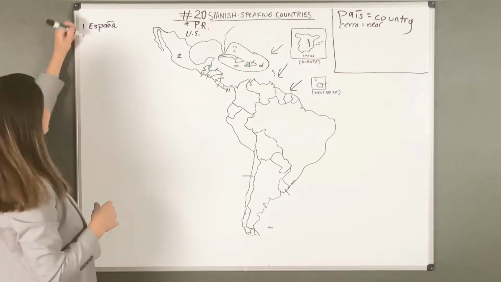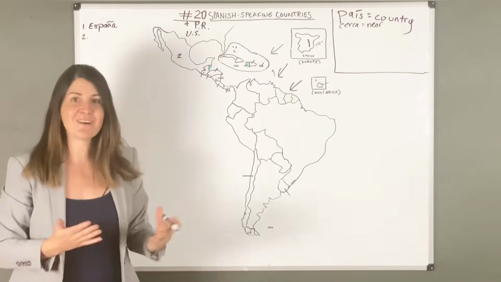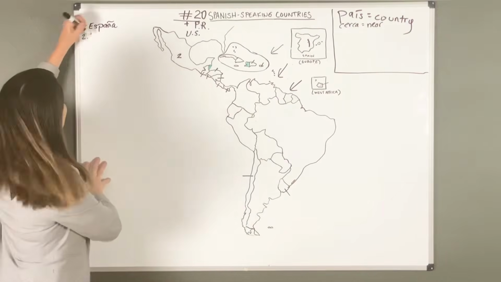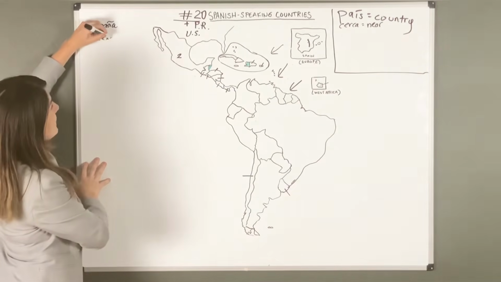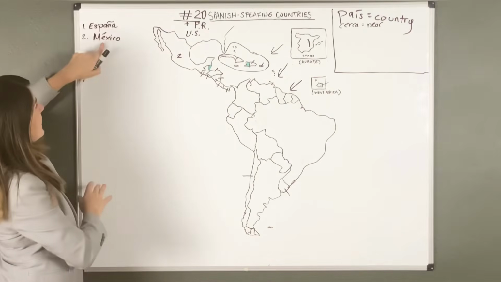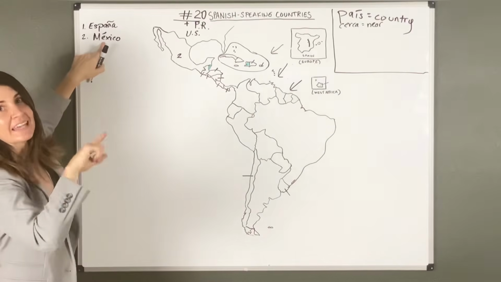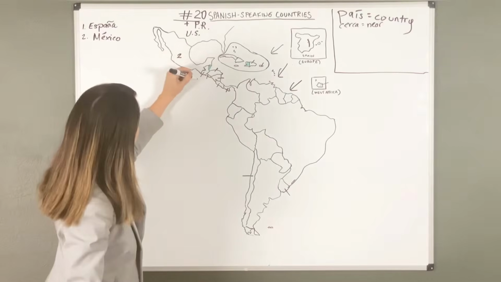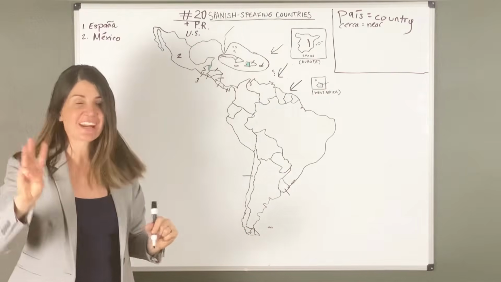Número 2. Se llama México. Muy bien. México. Y México se escribe con un tilde en la E. Ok. Excelente.